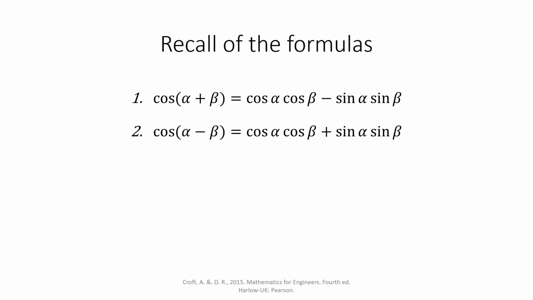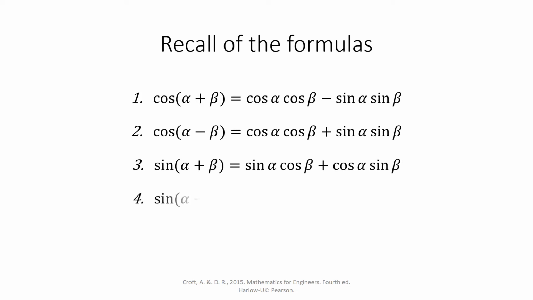And when there is minus between the angles, there will be plus between the two terms on the right side. Sine of alpha plus beta equals sine of alpha cos of beta plus cos of alpha sine of beta. These are well established rules, identities, formulas in trigonometry.